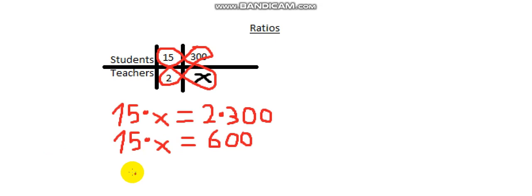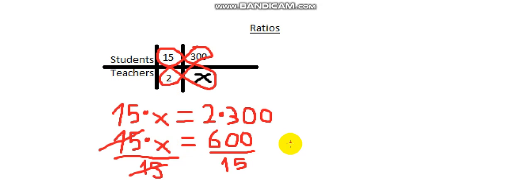So if you remember from equations these past few weeks, my goal is to get x alone on one side of the equal sign. To do that here, I would have to divide by 15. I would have to divide both sides by 15. Can't divide just one side. And so these 15s cross each other out.